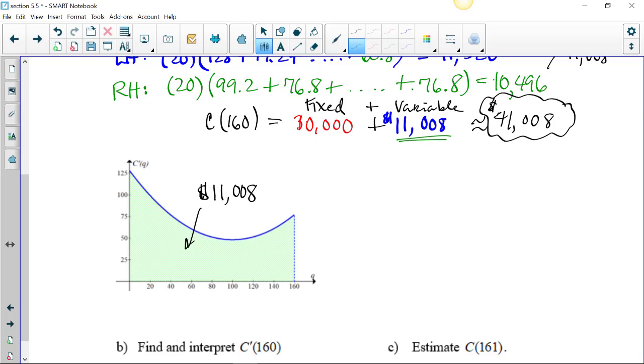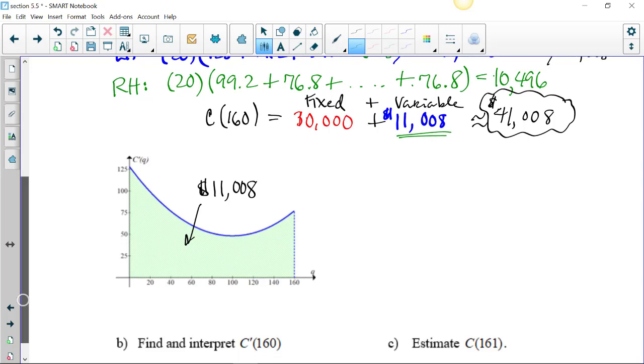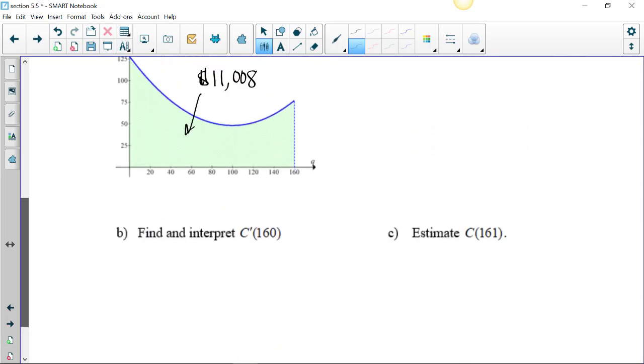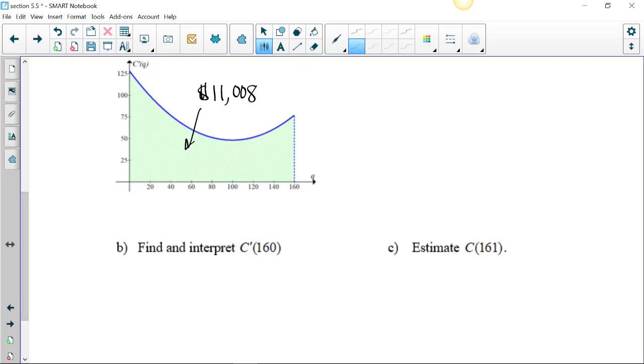So the other thing we could look at is we could find other total costs using those values. Okay, so for example, let's talk about what is C prime of 160? What does that mean, C prime of 160? Well, it's the marginal cost at a production level of 160. I can get that from my graph, or better, from my table.